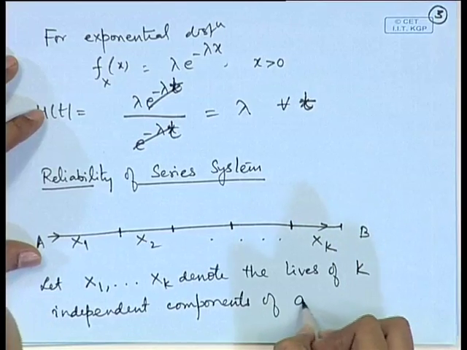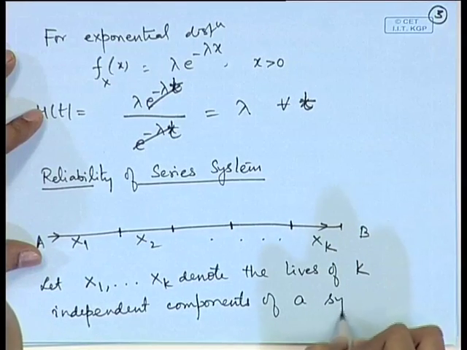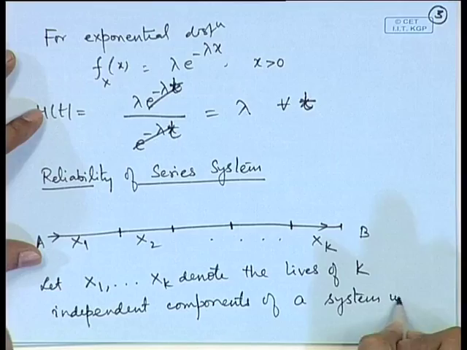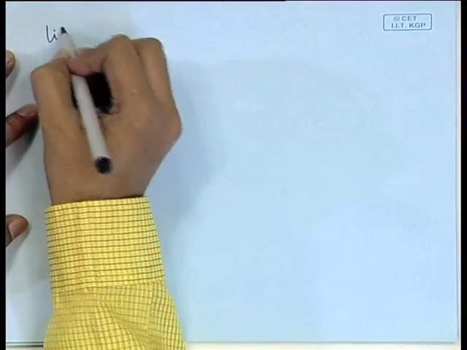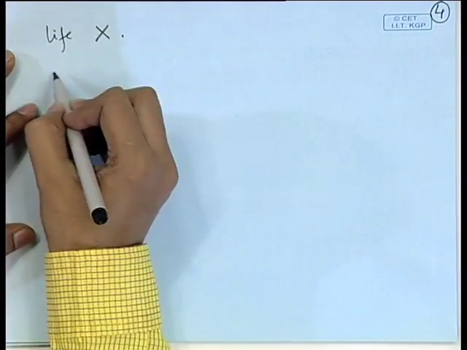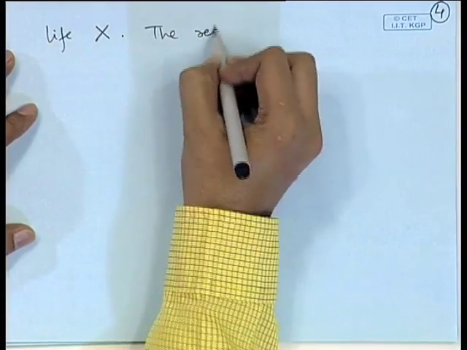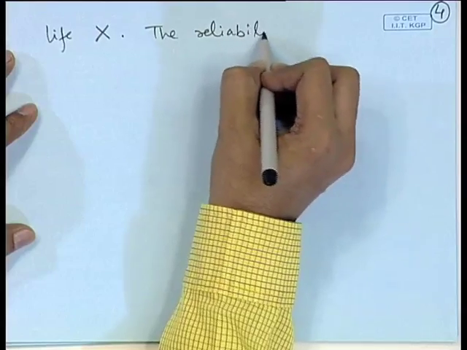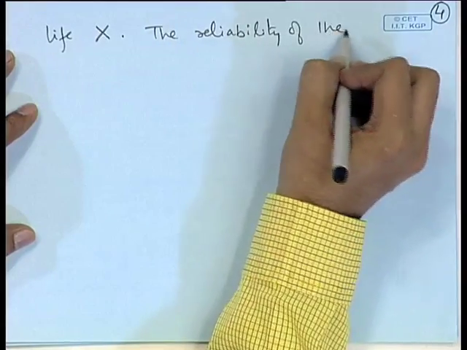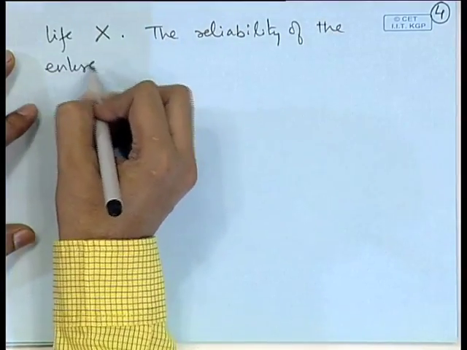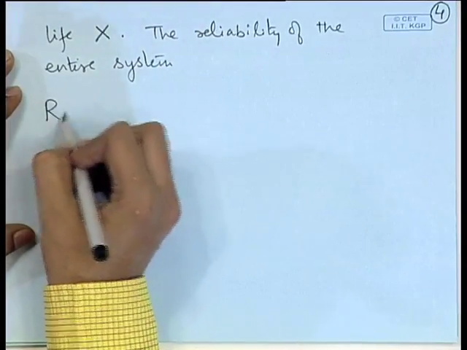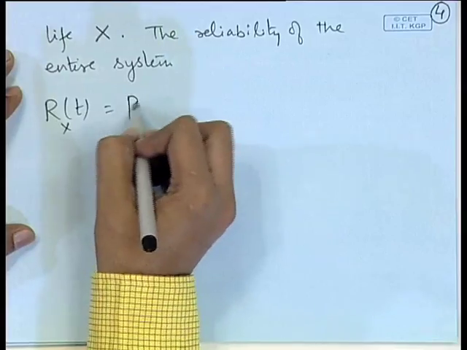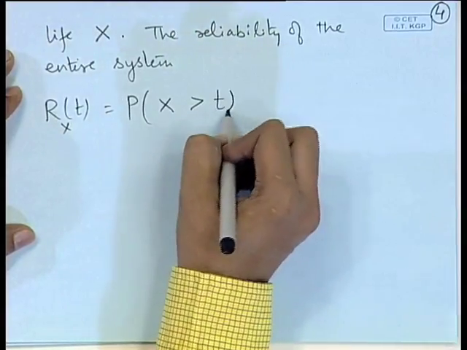of a system with, say, life x. So, the reliability of the entire system, that is R(t), is equal to the probability of x greater than t.